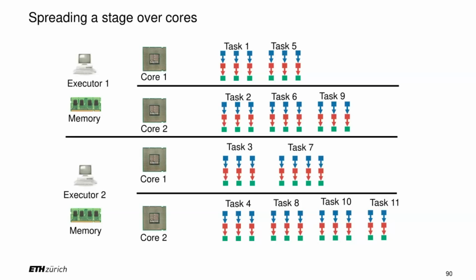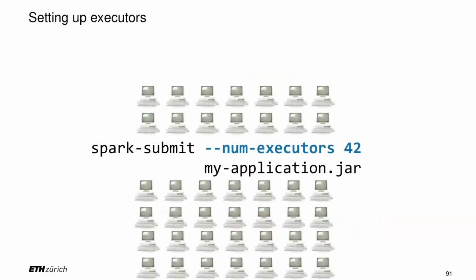And you see that I have 2 transformations with 11 tasks on 2 cores. And now you see that in order to create the tasks, we just do it over multiple transformations, as long as they have narrow dependencies, right? I don't need to create tasks for every transformation, only for every stage. Okay.